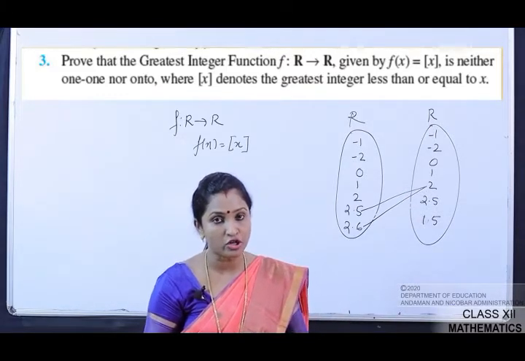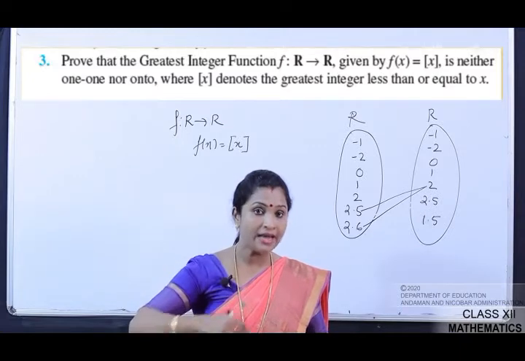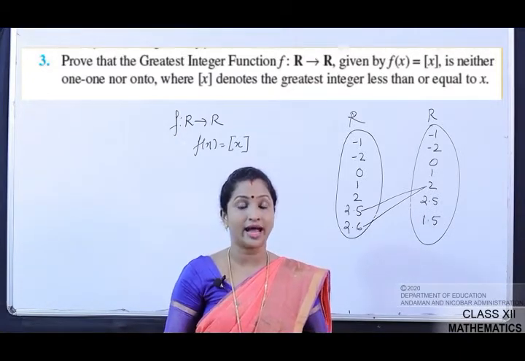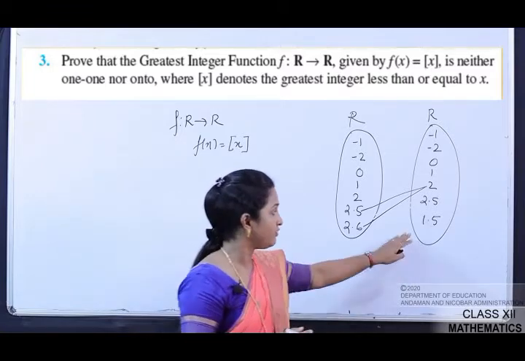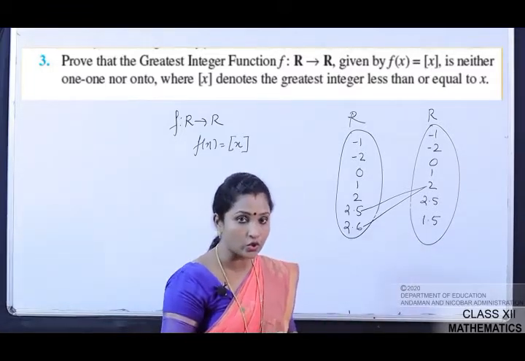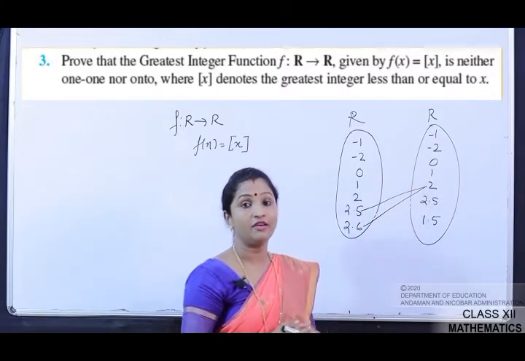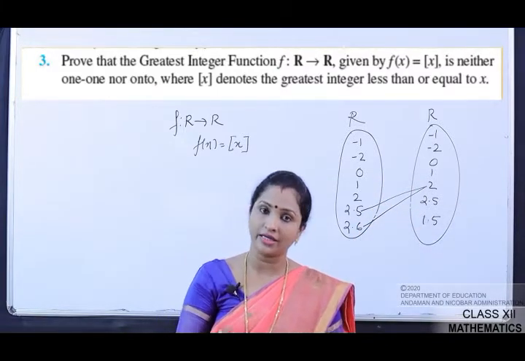So we know the definition of onto. If all the elements will be having pre-image in its domain, then only you will see that that function is onto. So here we can say that the function is not onto, as many elements which are not integers do not have a pre-image in its domain.